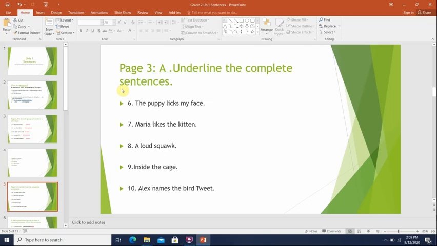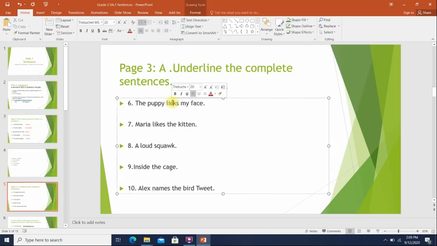It mentioned that the sentence is about a puppy. What did the puppy do? It licks my face. So this is a sentence. We will underline number 6 because it's a complete sentence. Number 7, Maria likes the kitten.